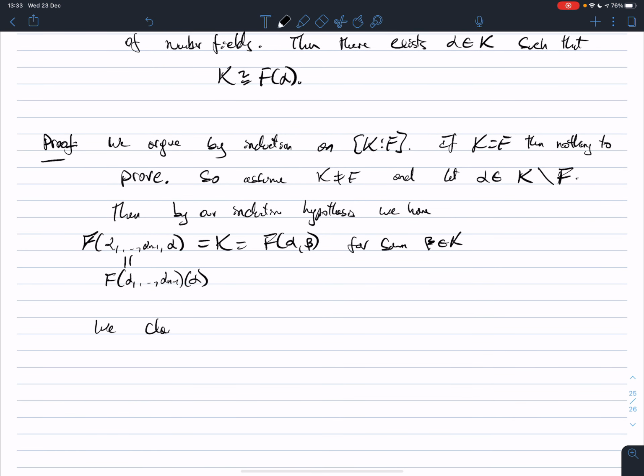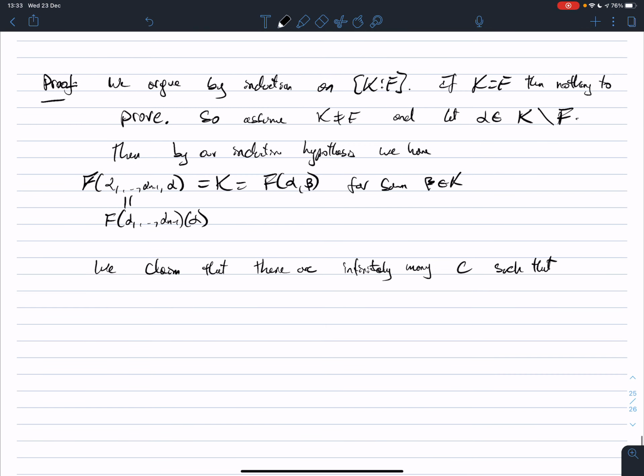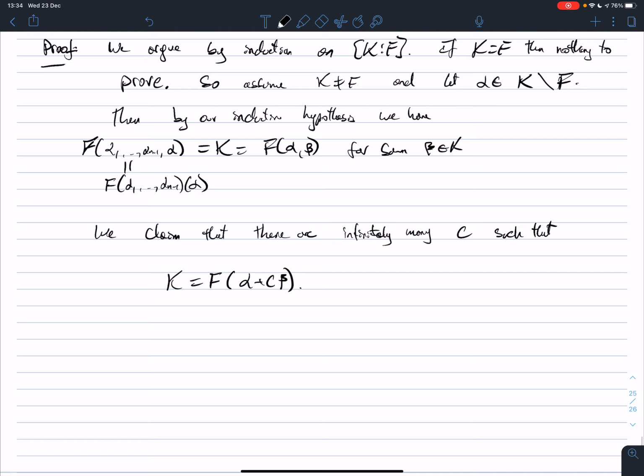We claim that there are infinitely many numbers C such that K is F of alpha plus C beta. So we claim that I can find infinitely many C's such that this linear combination generates the whole field.